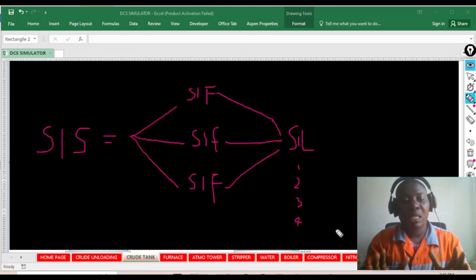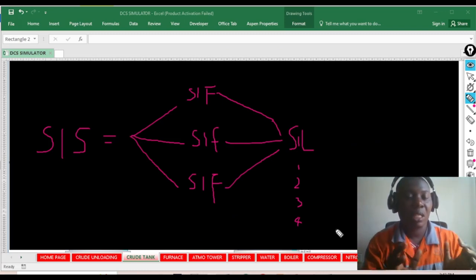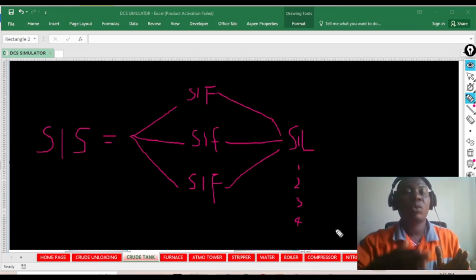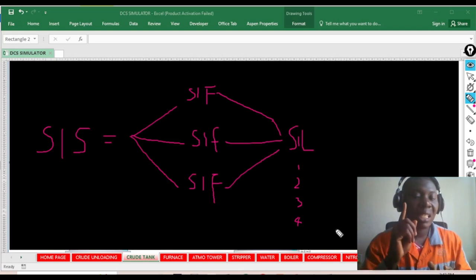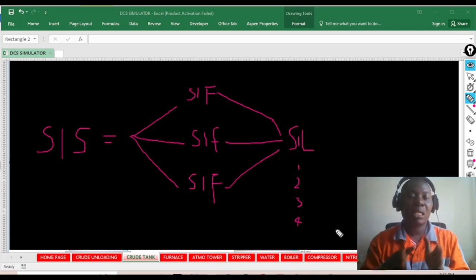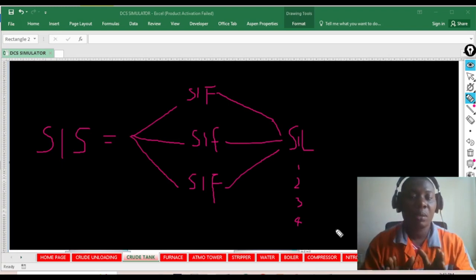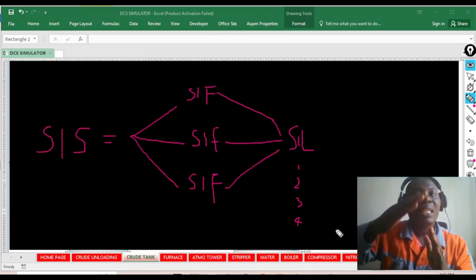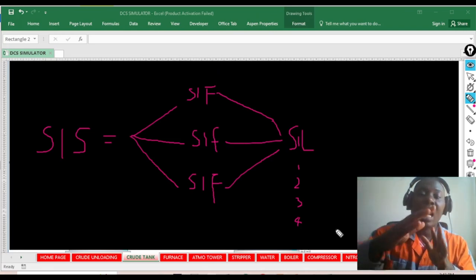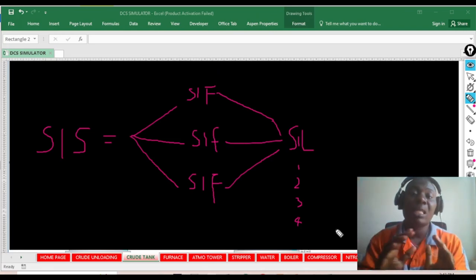So let's say a SIF is installed. After every 10 to 100 years, a SIF in SIL level 1 will actually fail. The higher the SIL, the better the SIF.